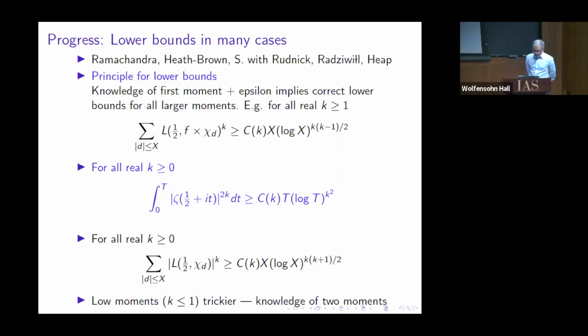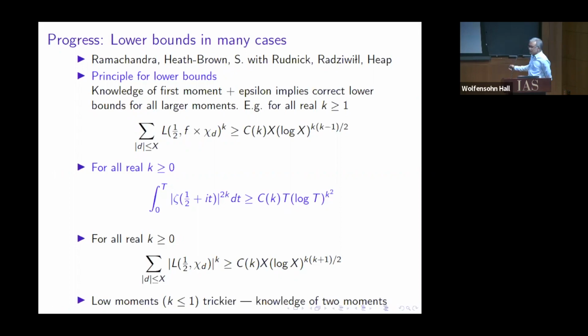And the principle we have for lower bounds is that if you know the first moment in any family of L functions, plus the ability to put in a small Dirichlet polynomial, which is what I mean by this plus epsilon, then you can get right lower bounds of the correct order of magnitude for all larger moments. So for example, for twists of a modular form, we only know the first moment, but with something to spare.